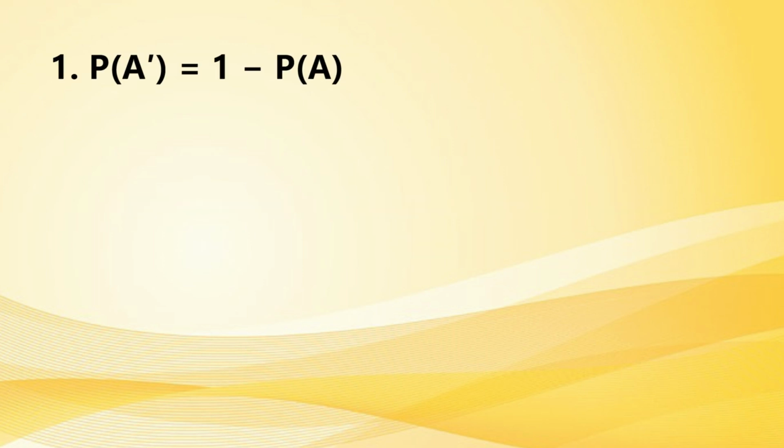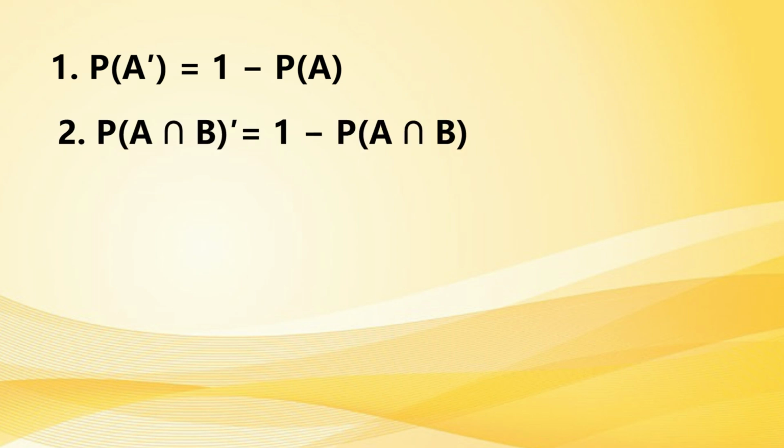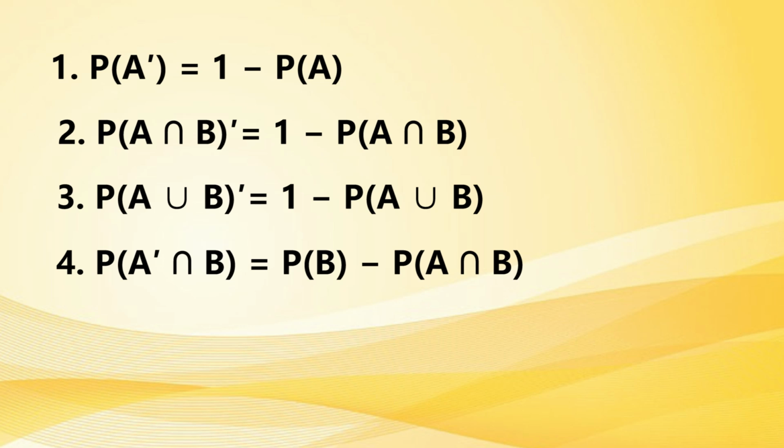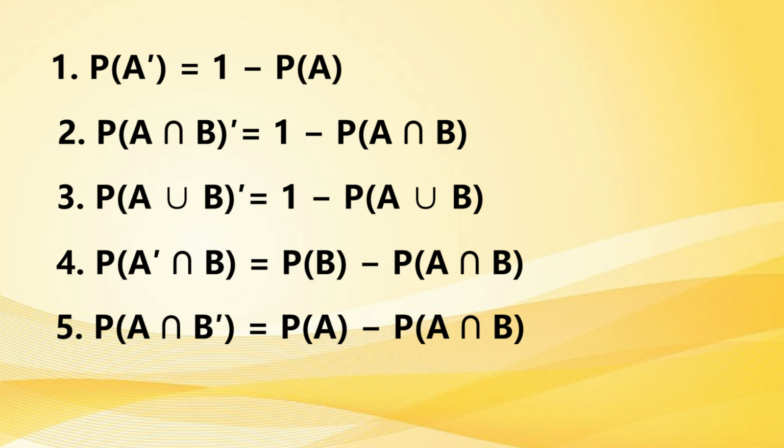Probability of A dash is equal to 1 minus probability of A. Probability of A intersection B whole dash is equal to 1 minus probability of A intersection B. Probability of A union B whole dash is equal to 1 minus probability of A union B. Probability of A dash intersection B is equal to probability of B minus probability of A intersection B. Probability of A intersection B dash is equal to probability of A minus probability of A intersection B.